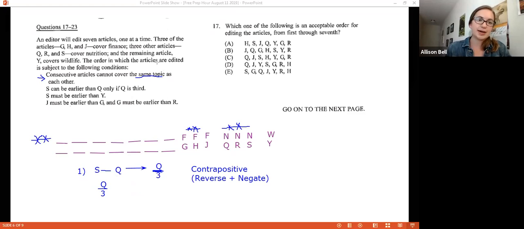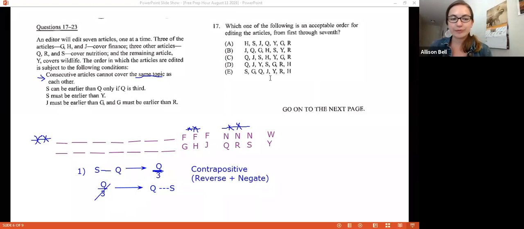If Q is not in third, then S is not going to be earlier than Q. And since these are one at a time, they can't stack up or anything, that means that if Q is not in third, then Q has to come before S. So I'm able to get a decent amount of information from that rule, but it's also really easy to notate it with just a tiny little difference from this and end up having some challenges throughout the game.